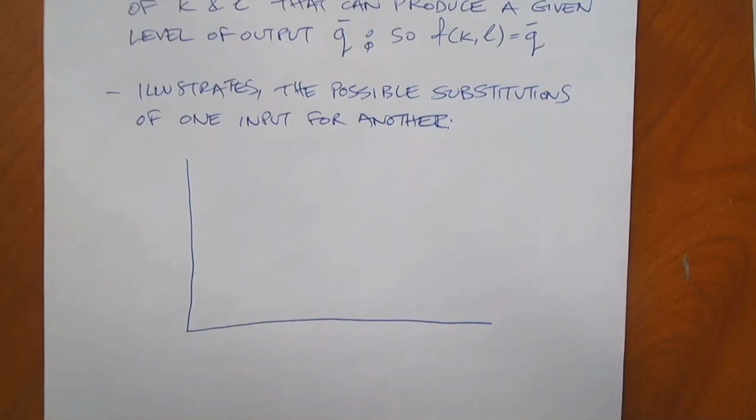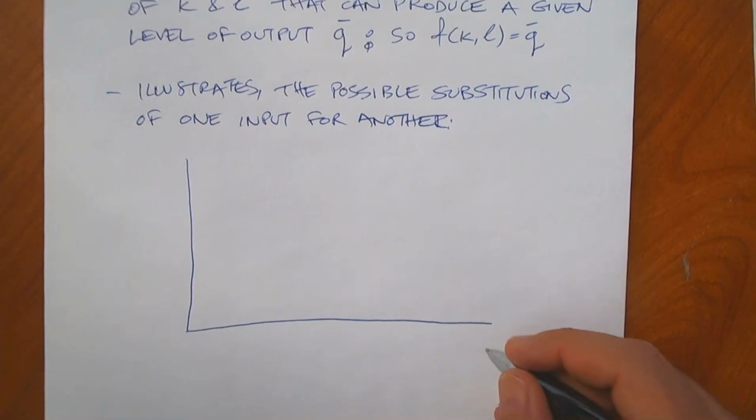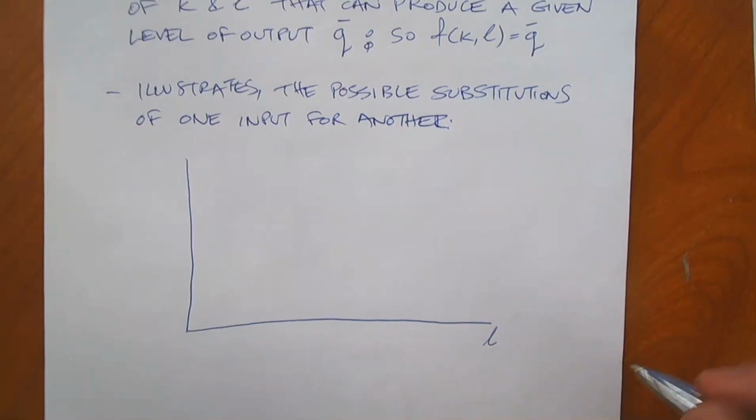So here it's a similar decision problem. Here the firm decides not, like the consumer, what quantities of goods you're going to buy, but it decides how much capital and how much labor it's going to hire. So we're going to traditionally put labor on the horizontal axis and capital on the vertical axis.